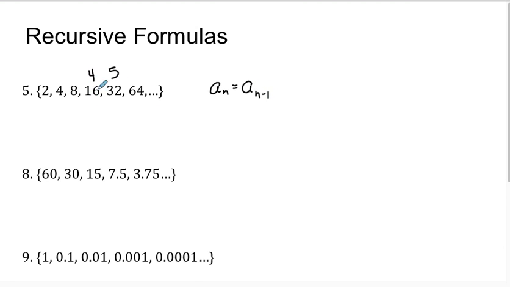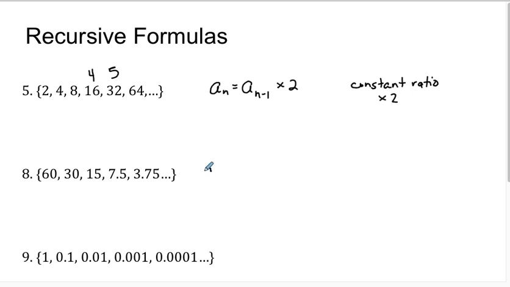Take that number, right, which is 16, and do what to it? Multiply it by 2. Okay, because this one is multiplying by 2 every time. So this one has what's called a constant ratio, right, which is that we're multiplying by 2 every time.